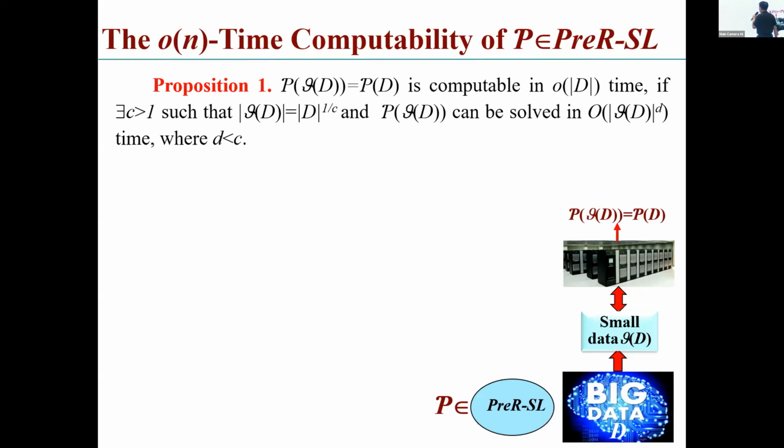Proposition 1: P set D equal to PD is computable in sublinear time if there is a C greater than 1 such that set D equals D power 1 over C, and P set D can be solved in set D power d times, where d is more than C.